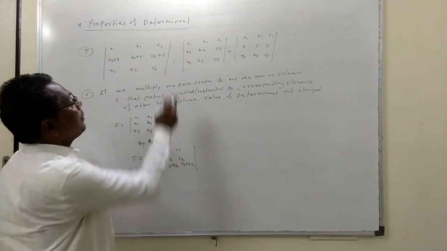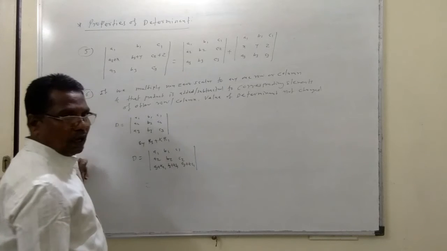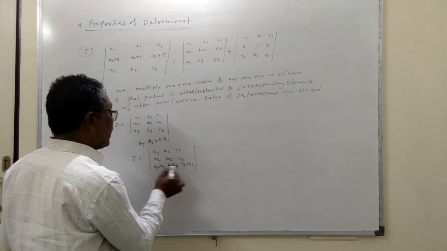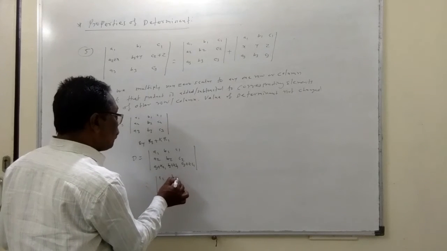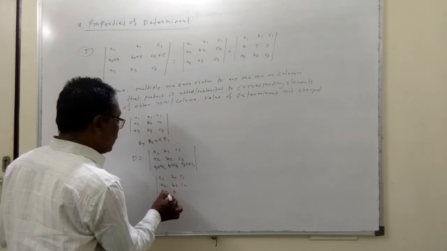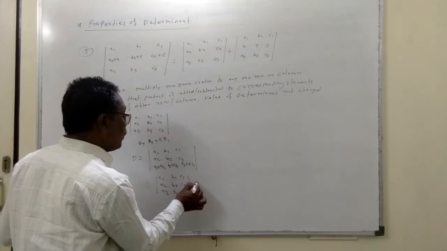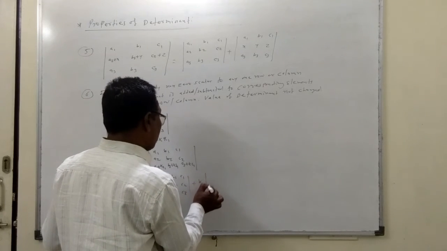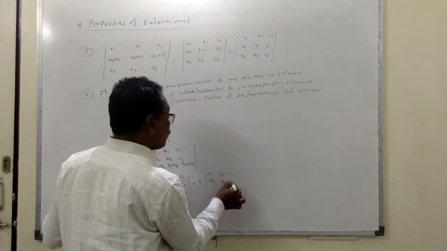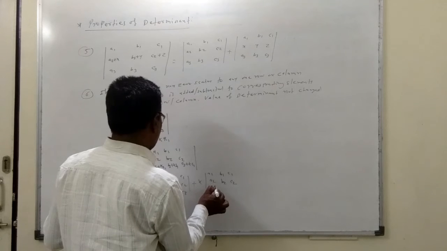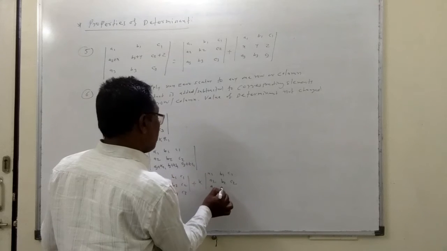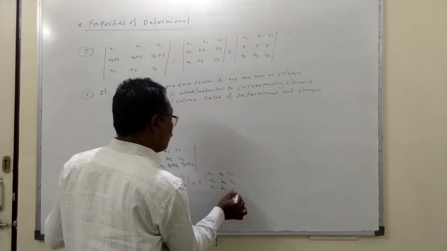Now by the previous property, as here the third row R3 is the addition of two elements, we write addition of two determinants and K is common again. So we get A1 B1 C1, A2 B2 C2, A3 B3 C3 plus K common we will take from the third row and A1 B1 C1, A2 B2 C2, A1, B1 and C1.